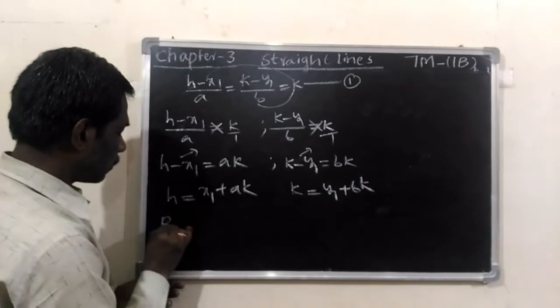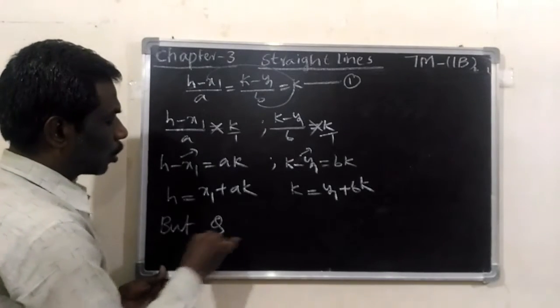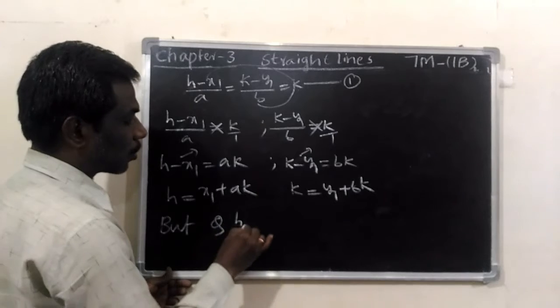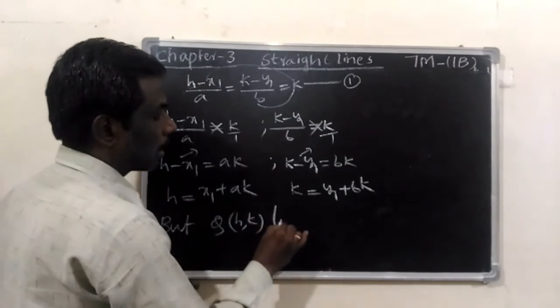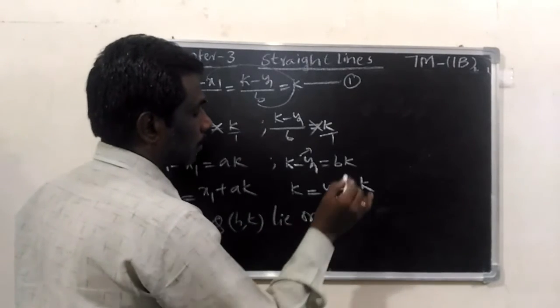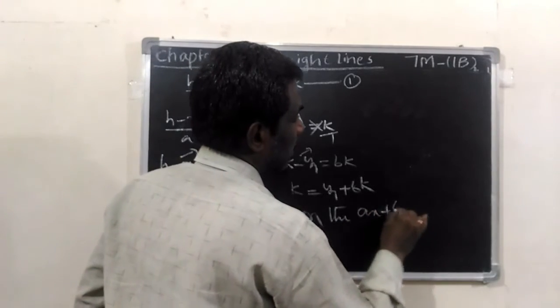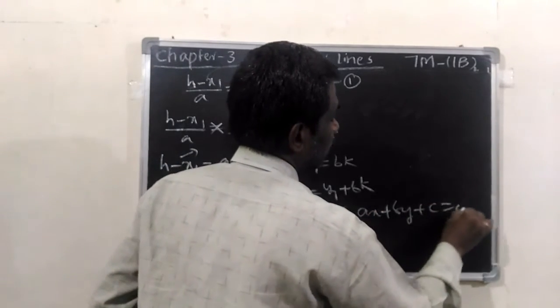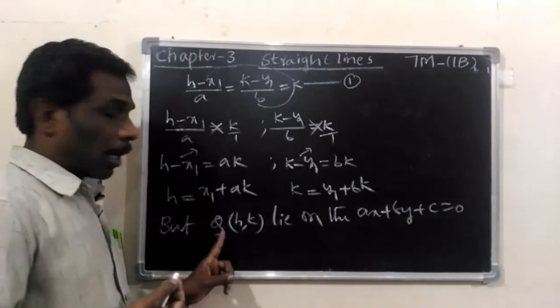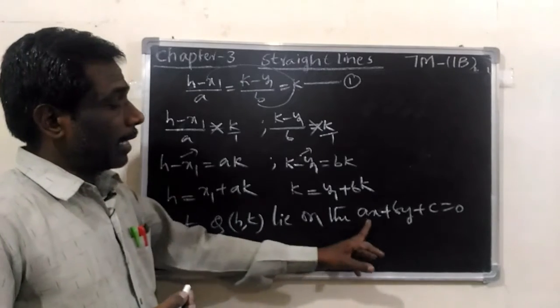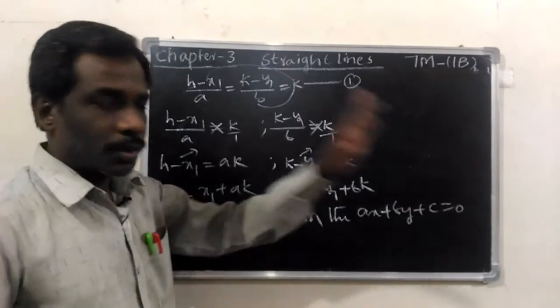But this point Q, (h, k), lies on the line ax plus by plus c is equal to 0. The point Q lies on ax plus by plus c equals 0.